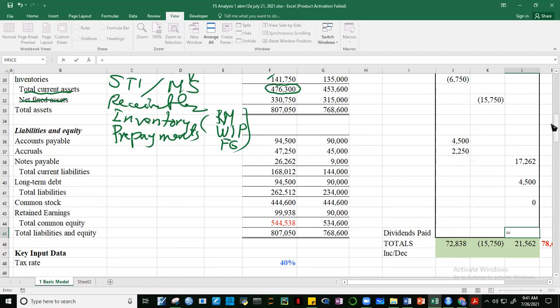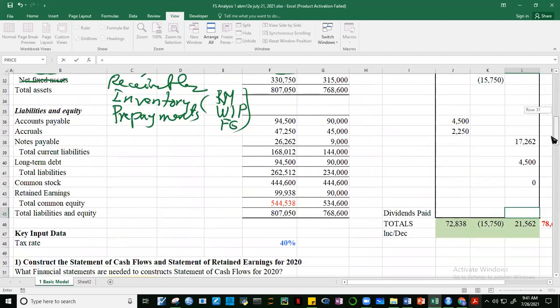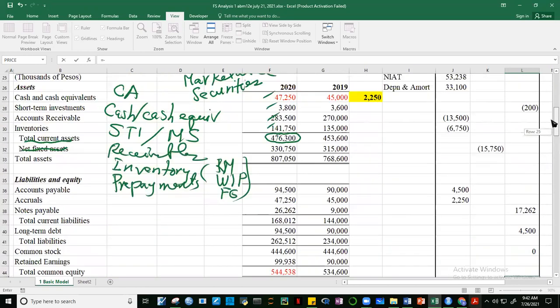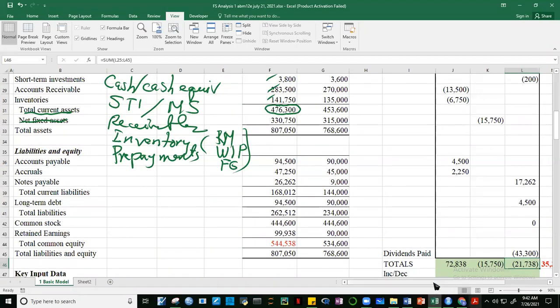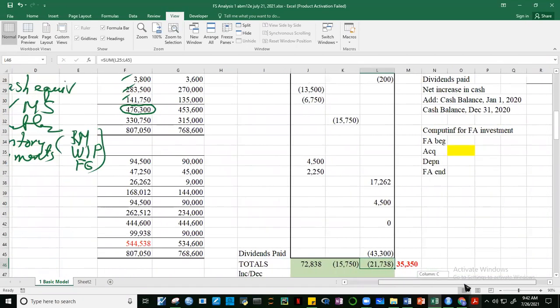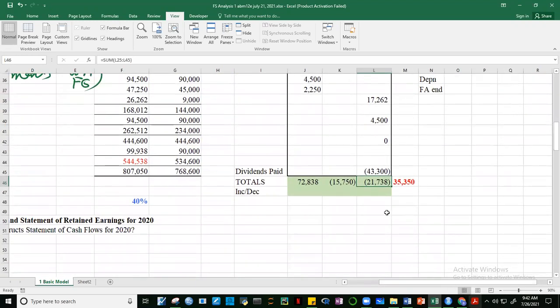Use. Okay, use of cash kasi magdi-distribute ang dividends, di ba? So that should be a use of cash, negative 43,300.